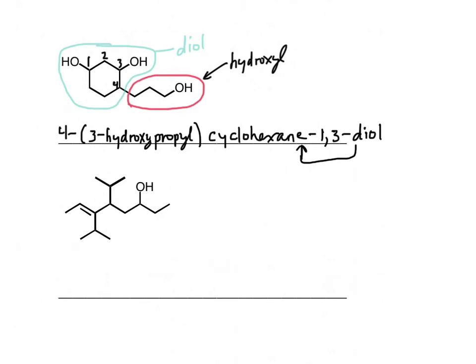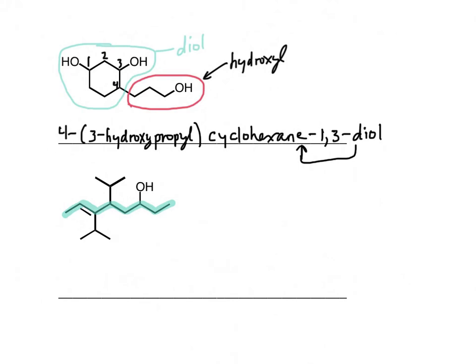We want the longest chain that contains both of them. And so let's go ahead and identify that parent by highlighting it. There it is. And now we can go ahead and number things. In terms of numbering, we have to decide if this molecule is an alcohol or an alkene.